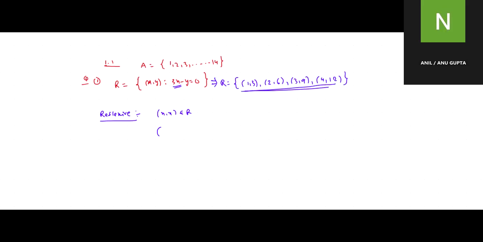No. तो एक एग्जांपल देना है. फॉल्स प्रूव करने के लिए काउंटर एग्जांपल देना. विच एलिमेंट इज नॉट प्रेजेंट? 1,1, 2,2, 3,3, nothing is there, right? Till 14,14. कोई भी एलिमेंट नहीं है इसमें. That's why it is not reflexive. Therefore R is not reflexive.